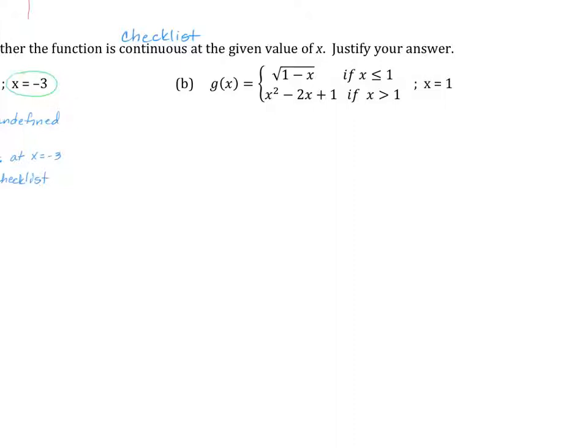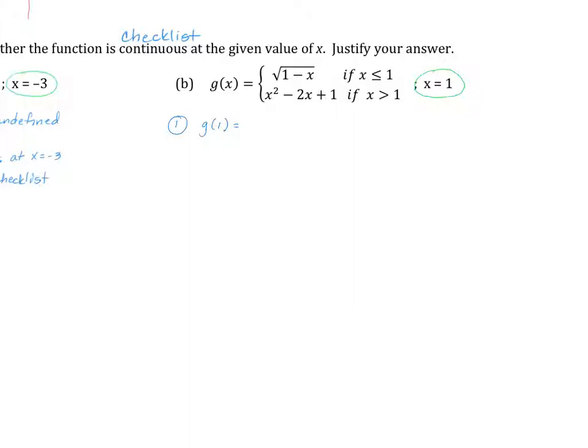So we're supposed to see if this function is continuous when x is equal to 1. So notice when the function breaks up, this is a piecewise function. So let's go ahead and look at the conditions. The first condition is, is g defined at 1?